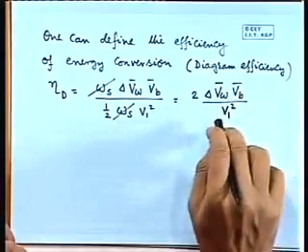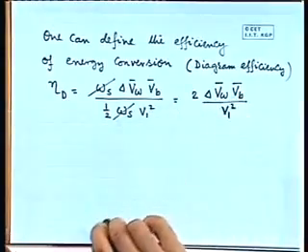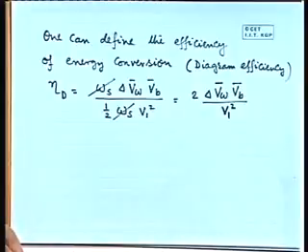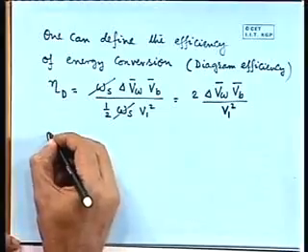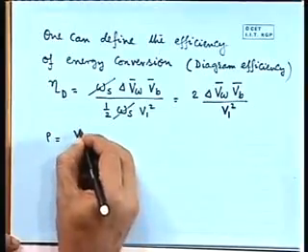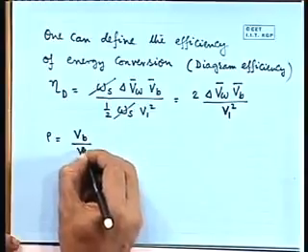Apparently these two can be selected independently, but let us see whether there is some sort of a relationship or not. So, what we can do, let us define a ratio rho, that is Vb by V1.